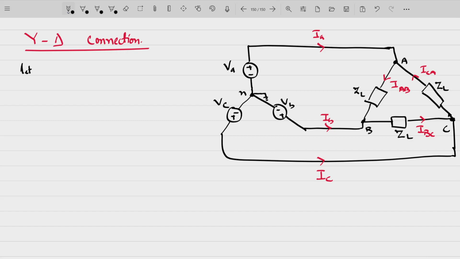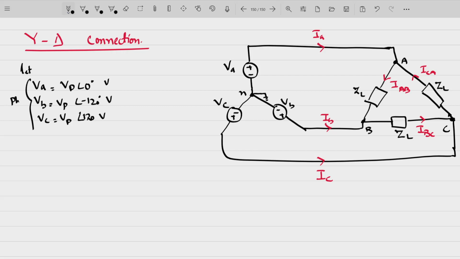Now let us again assume that VA is equal to VP angle 0 degree volts, VB is equal to VP angle minus 120 degree volts, VC is equal to VP angle minus 240, or you can say plus 120 degree volts.